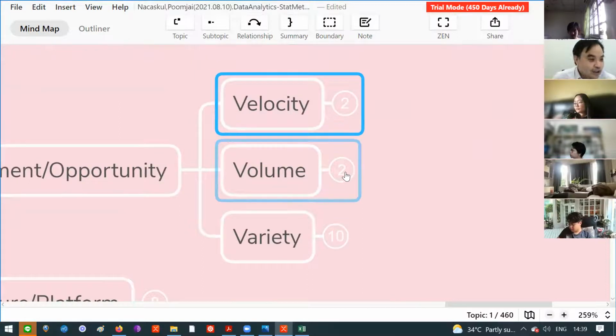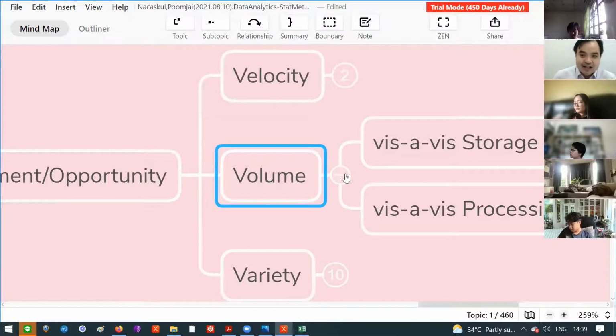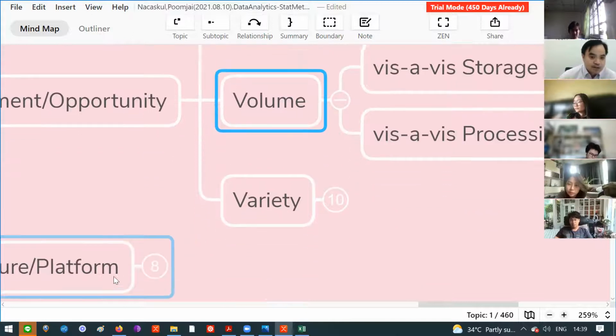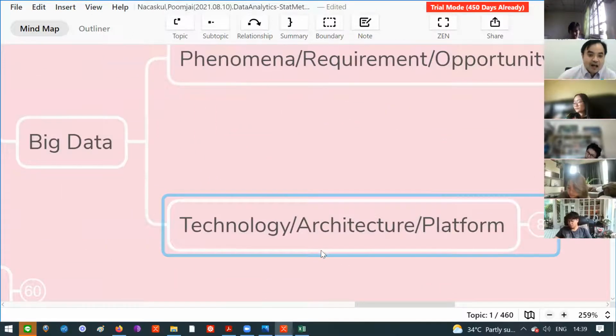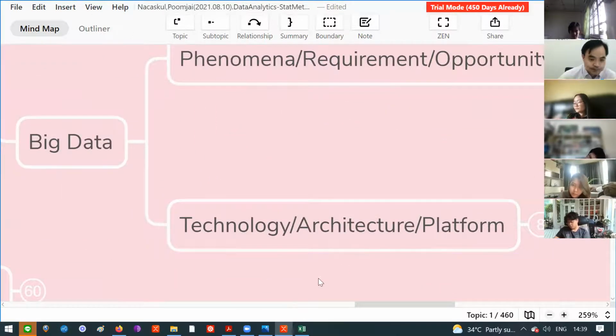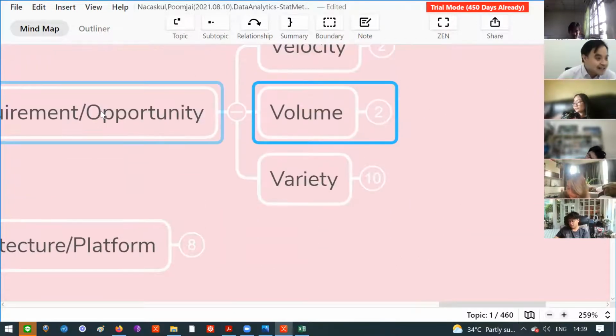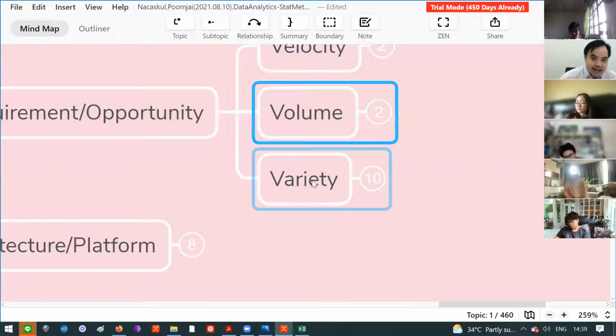Now, the second V is volume, meaning it's a lot of data. So how are you going to store it? How are you going to process it? And this, again, is something that has to be addressed with technological solutions. In this class, the primary focus of big data is on this bit.